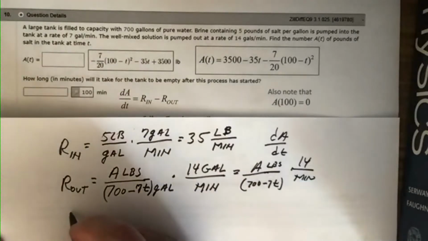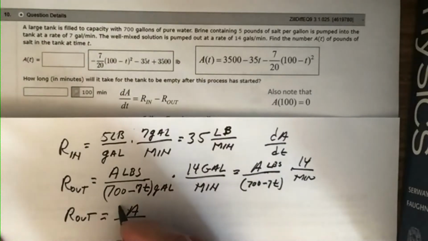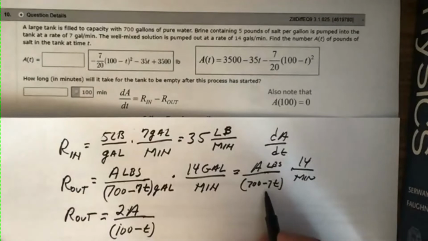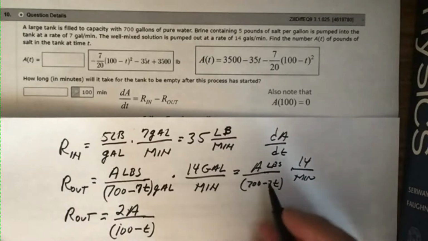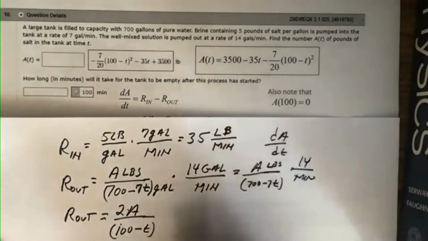And so R out, let me know if I go off the page, is just going to be A times, I could make this 2 and 100 minus T. I simplified this: I factor 7 out of here, and then I'll have the 14 up here, so I get the 2 here.